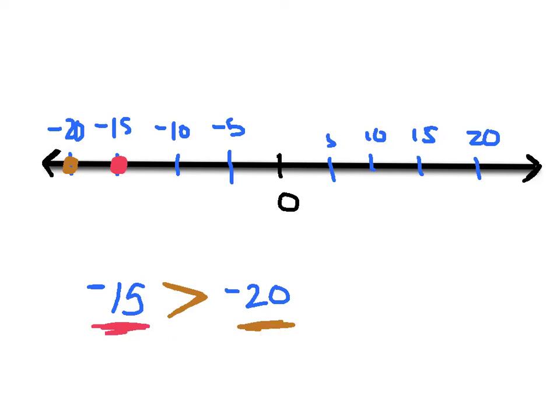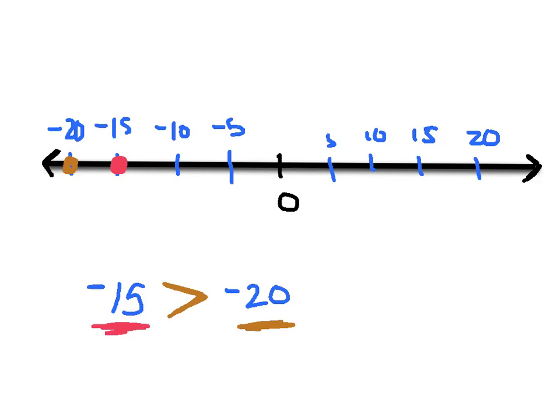Once again, if we think in terms of money, would you rather owe somebody $15 or owe somebody $20? The most money I would have would be to owe somebody only $15. It's owing somebody the least amount, and that's what I would rather have in terms of money.